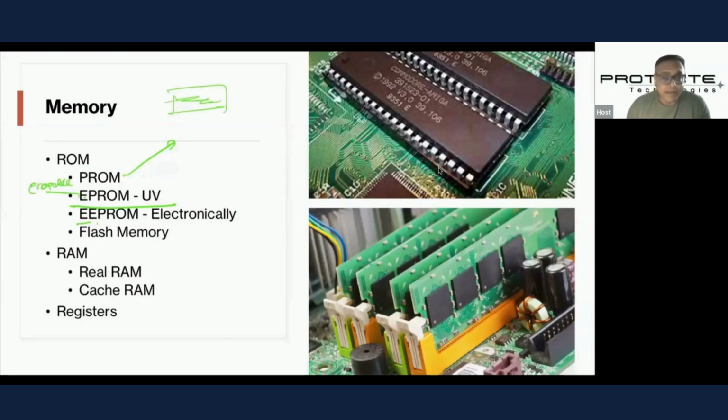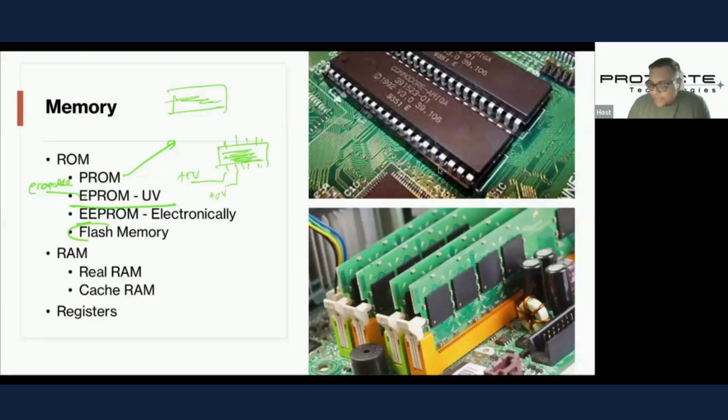On electronically erasable chips, you give a voltage of plus 5 volts to the first pin, and then you can write on the device. If you want to erase it, you give plus 5 volts on another pin and then give an erase command, and it is erased.